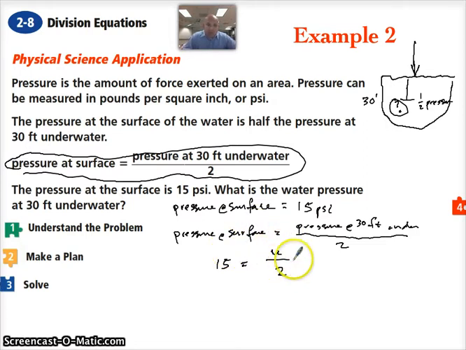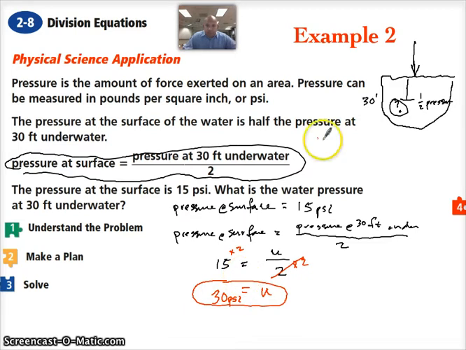In order to get rid of the divided by 2 and leave U by itself, we've got to multiply by 2. So I'm going to multiply by 2 on both sides in order to balance out the equation. 2 divided by 2 ends up being 1. The U drops down. 15 times 2 is 30. So what this is saying is it's 30 psi under the water.